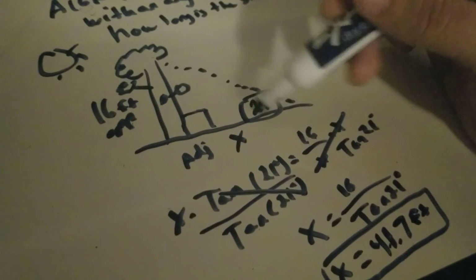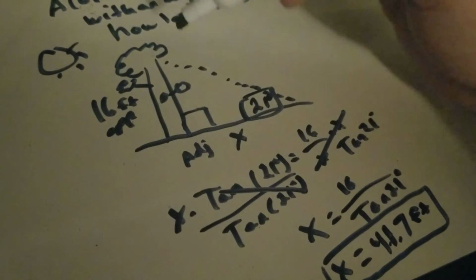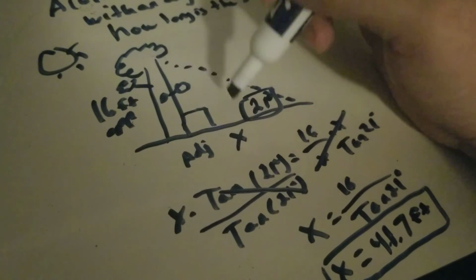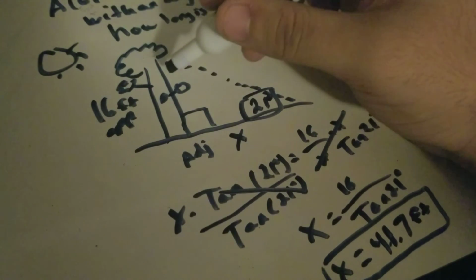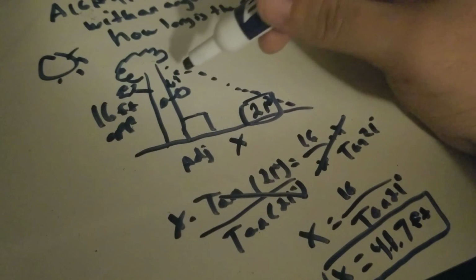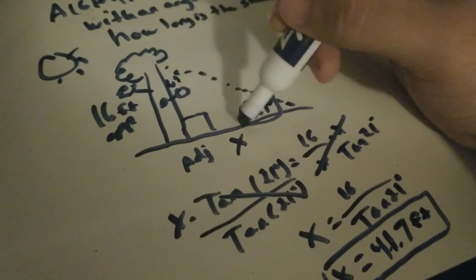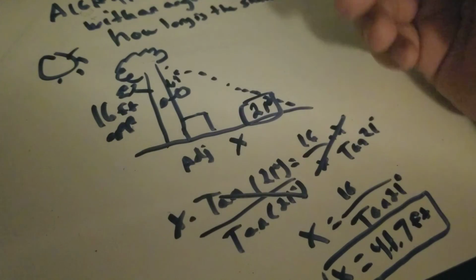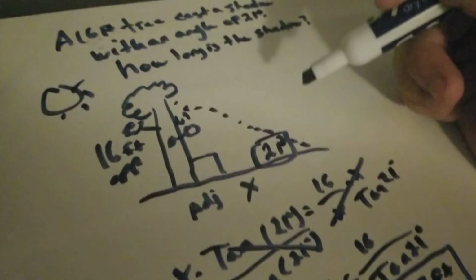Here's a little logical check: if this angle is 21 degrees, this angle over here should be 90 minus 21, which is 69 degrees. And remember, the bigger the angle, the bigger the opposite side, so it makes sense that this side is bigger. That's a little mental math check you can do.